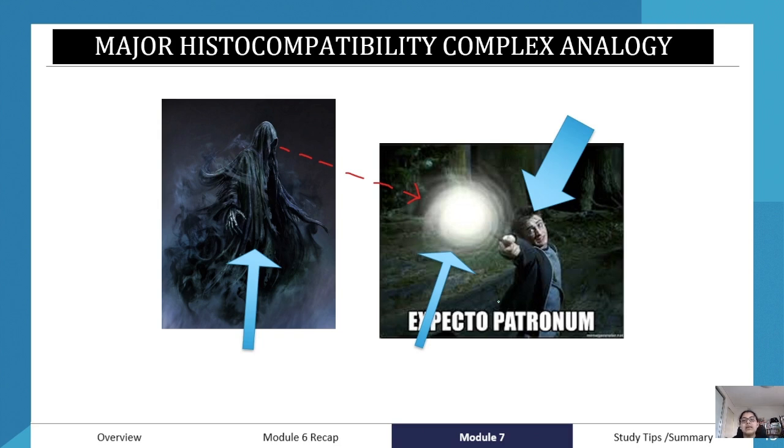So what does the major histocompatibility complex do? Now I'm going to take you for a second into the world of my favorite books. If you're not very familiar with it, I will try my very best to explain it, but hopefully most of us would know what's going on. So we've got Death Eaters.